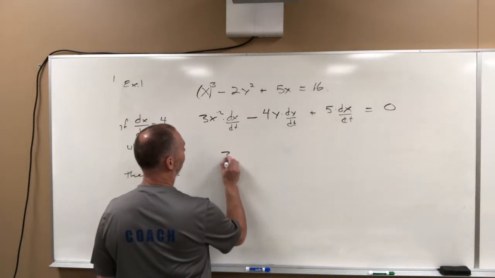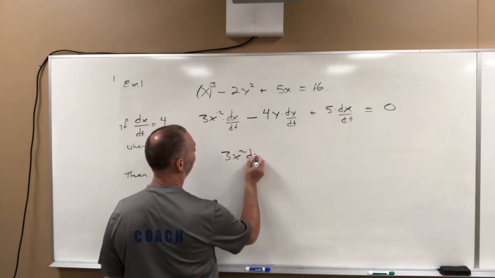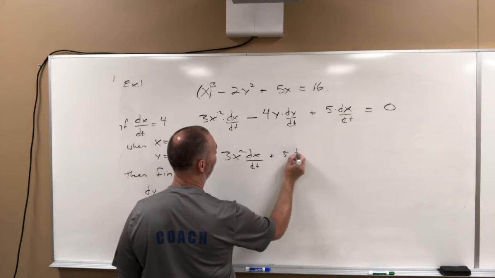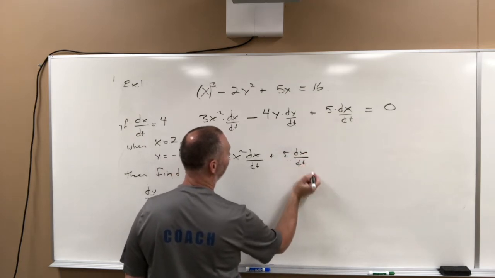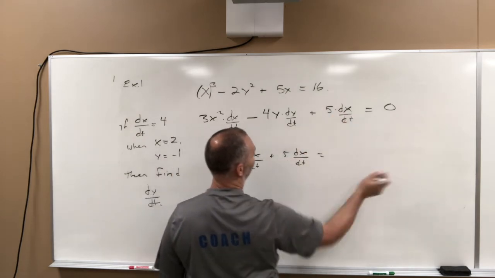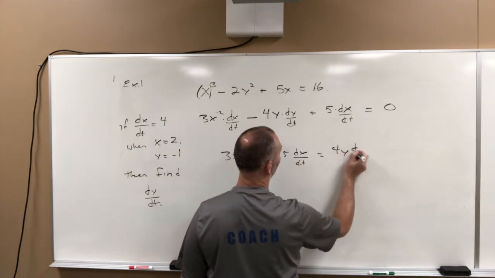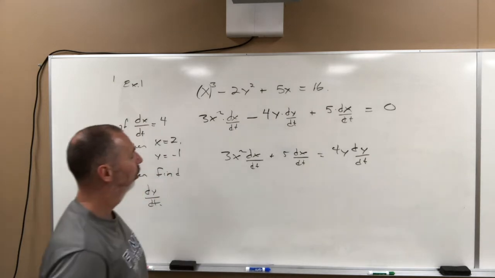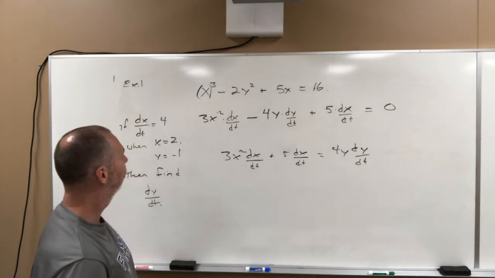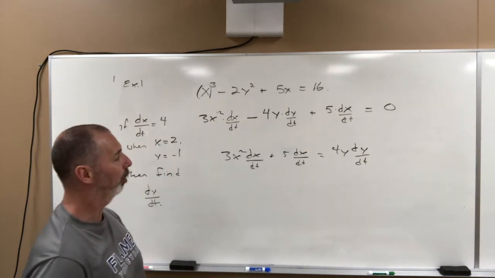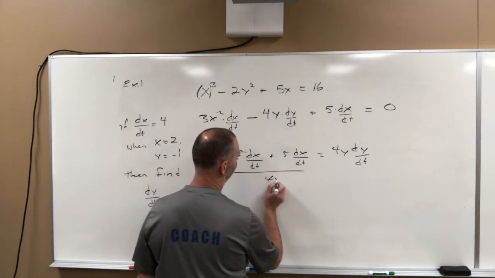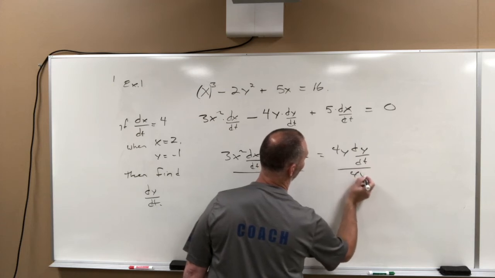So to rearrange it, we're going to go 3x squared dx/dt plus 5 dx/dt equals, you're going to move the 4y to the other side. So we get this. And then I'm simply going to divide both sides by 4y. So we divide by 4y, and we divide by 4y.